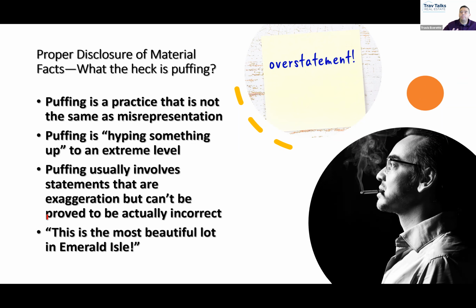Let me give you an example of a misrepresentation. The house is 2,500 square feet, but it's actually 2,200 square feet. That is misrepresentation. Does that make sense for everybody? Yes. The most fantastic view in Downing Creek, that is puffing, because that cannot be verified one way or the other.